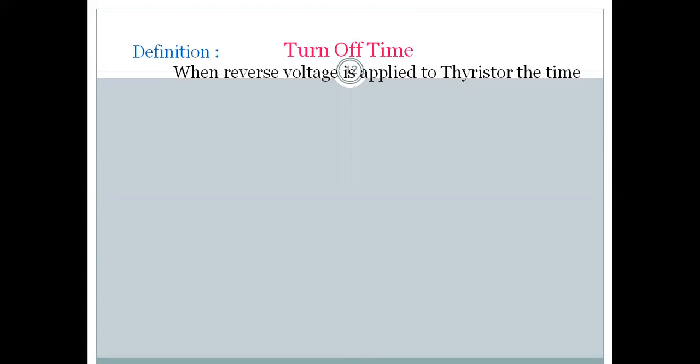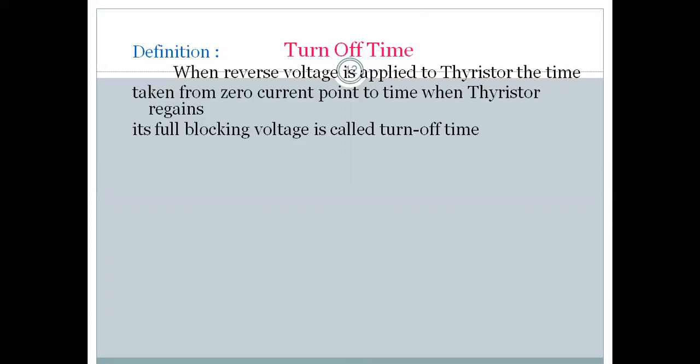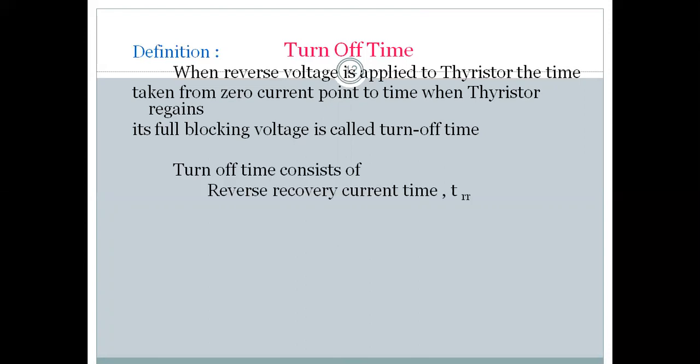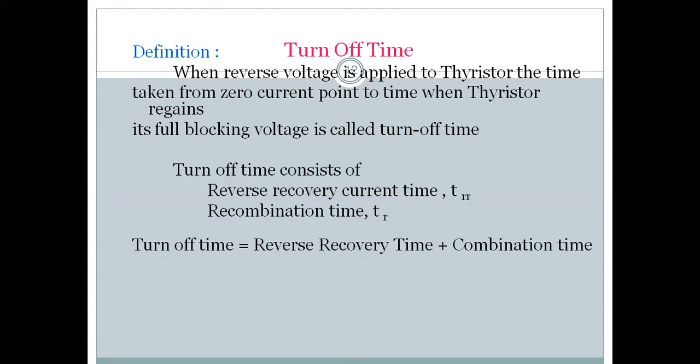It mainly consists of the time for reverse recovery current to flow after the application of reverse voltage, and the time for recombination of all excess carriers in the inner two layers of the device.